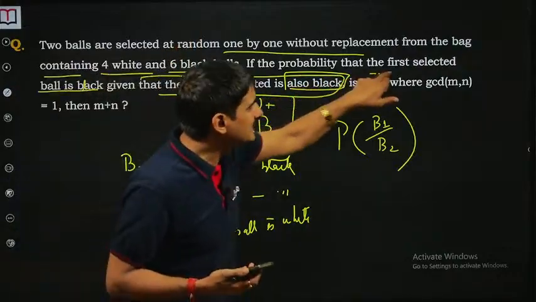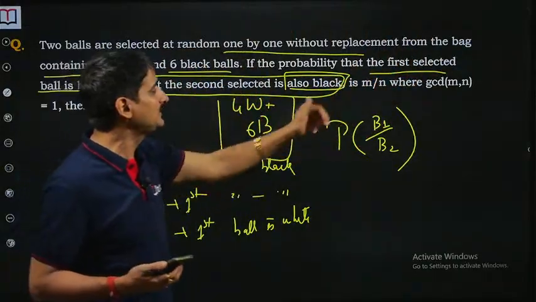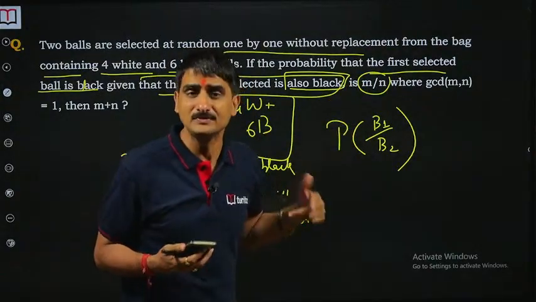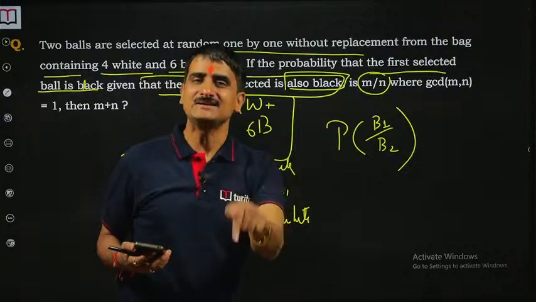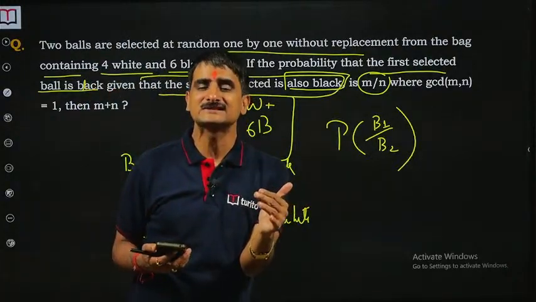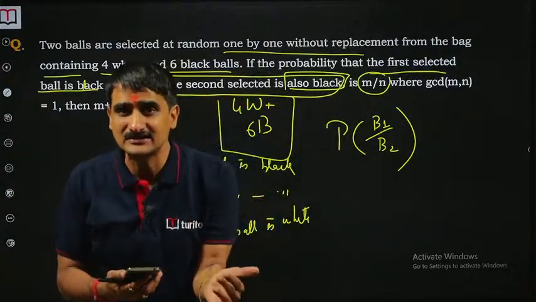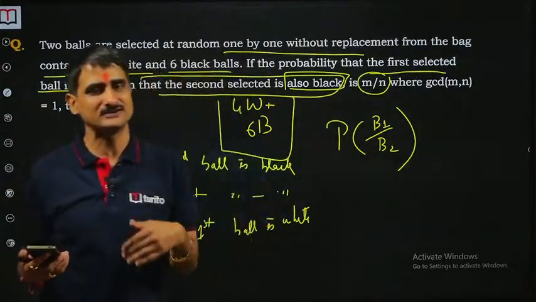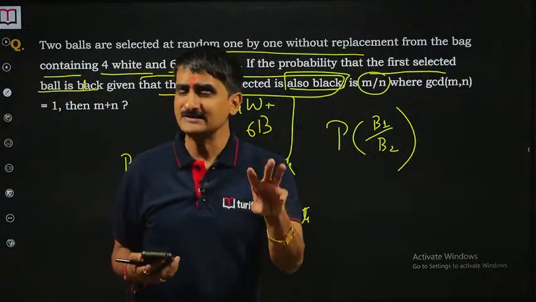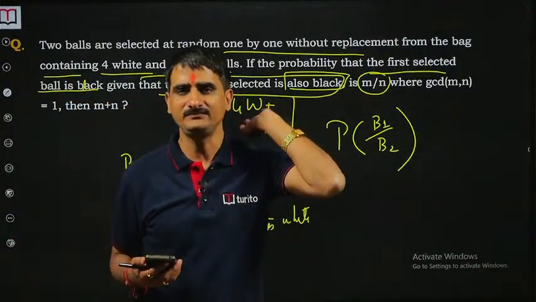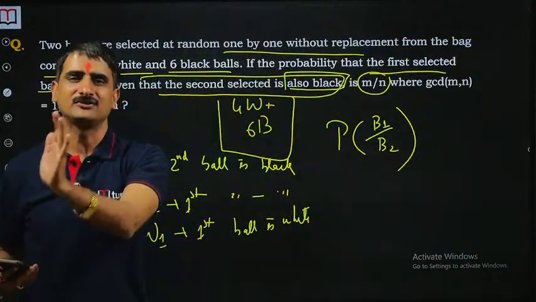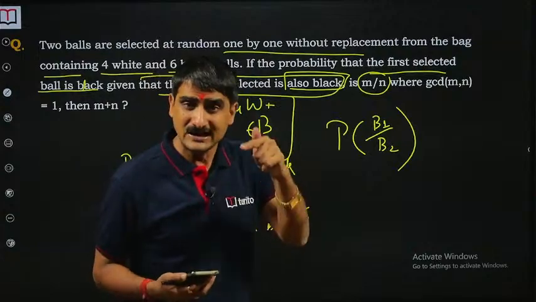The probability is asked for the first selected ball to be black given that the second ball was black. So the probability has been asked about the step which occurs in the past, because the first ball is obviously selected in the first step and the second ball in the second step. You are given that in the second step the ball is black. Then the probability that the ball selected in the first step was also black is M by N. So that's your Bayes theorem.